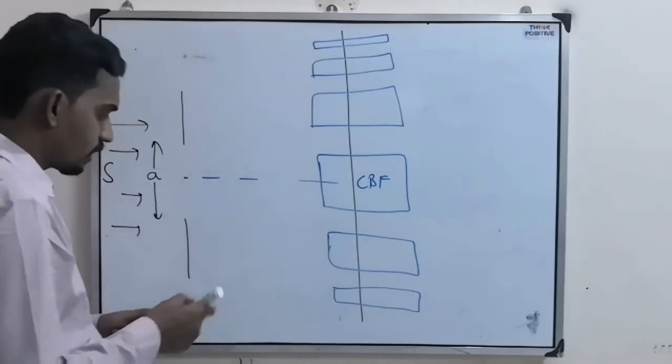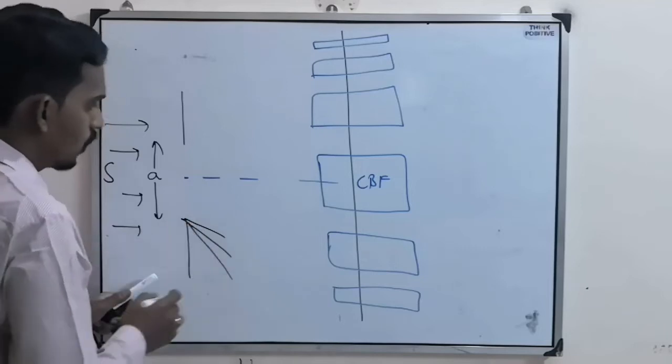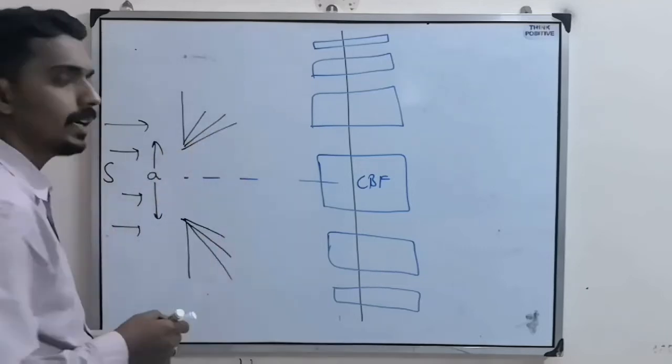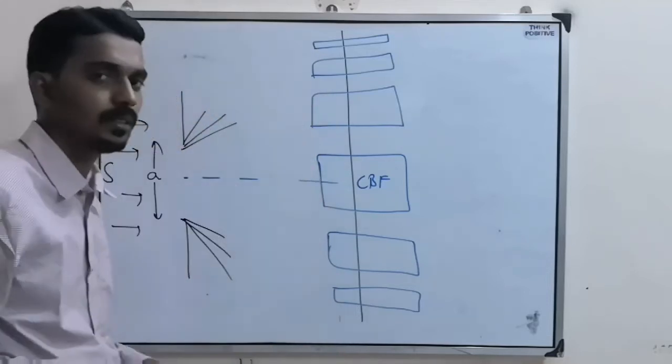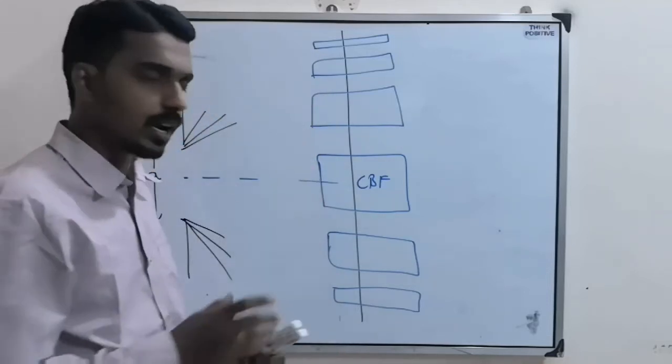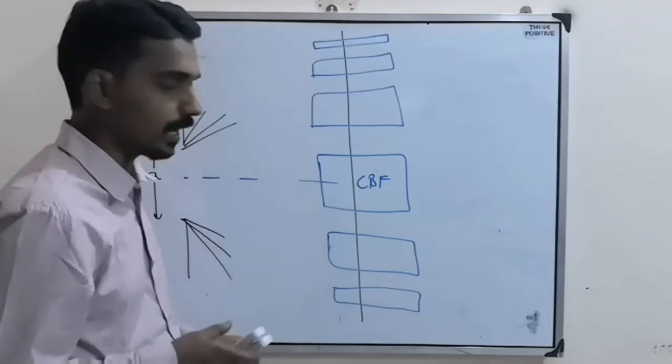Light bends at sharp edges like this, and because of this bending, the light intensity slowly decreases as you go down or up. That bending of light at a sharp edge is what we call diffraction.